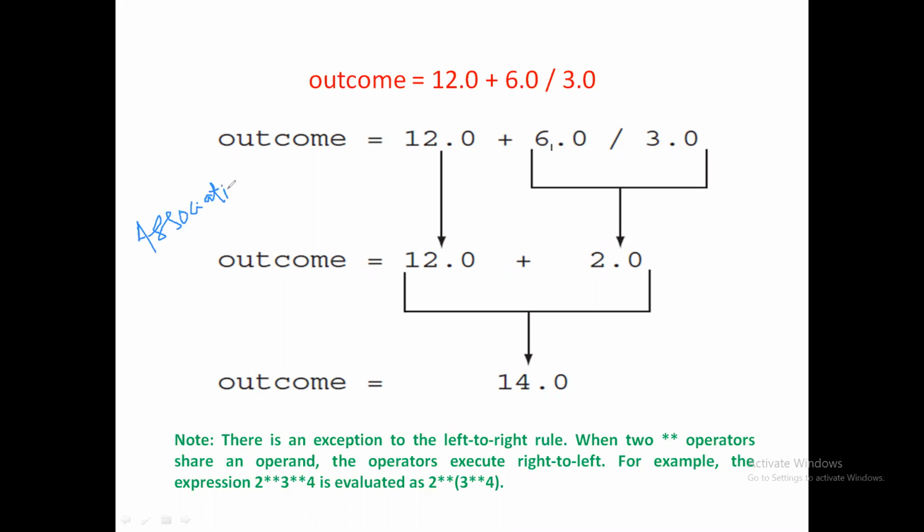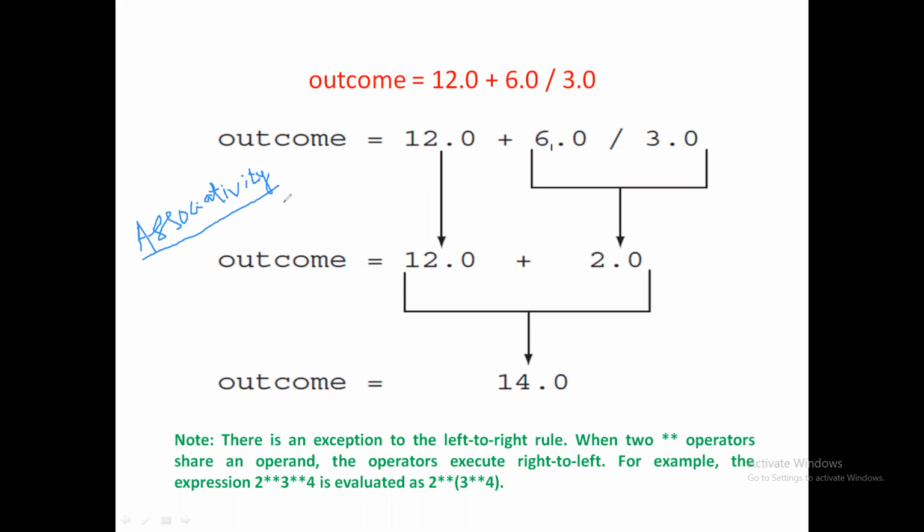If an expression contains different types of operators, then based on the precedence level, we will evaluate the expression in the order of highest precedence to lowest precedence. But this associativity concept is used when a particular expression contains operators of the same precedence level.